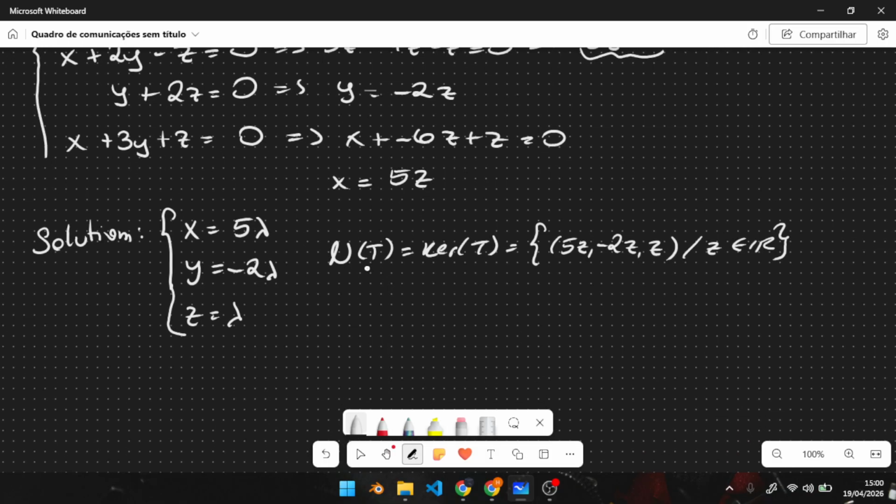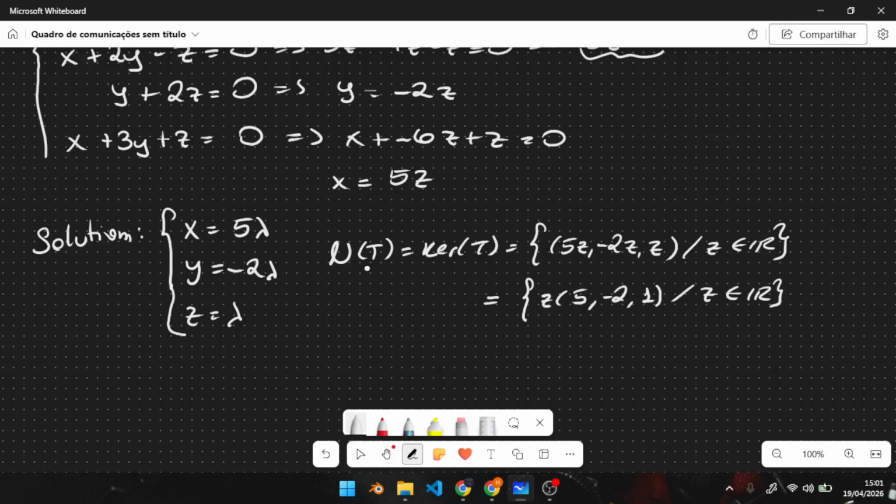You can also put that as z times (5, minus 2, 1) for z being part of the real numbers. So basically you can have all the vectors in the null space of the transformation if you give a value for z.